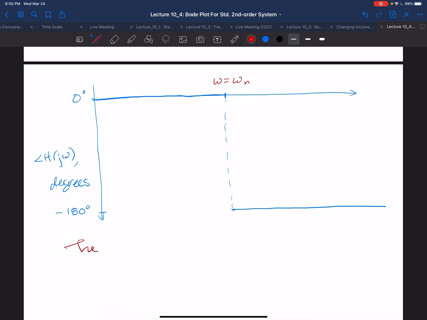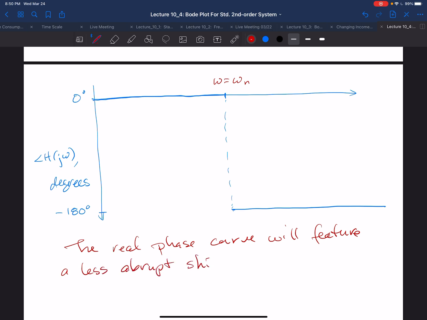So of course, the real phase curve will feature a less abrupt shift, depending on the value of zeta. But we'll use this simple curve as our piecewise linear approximation.